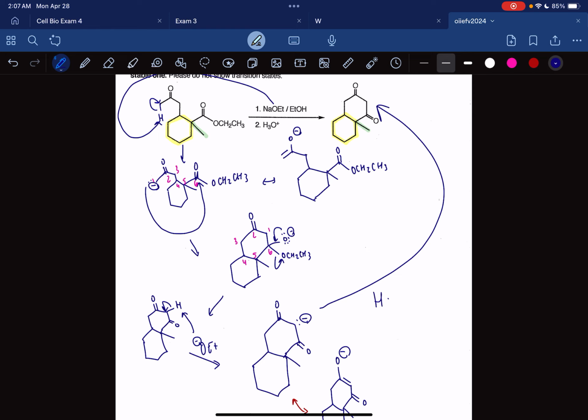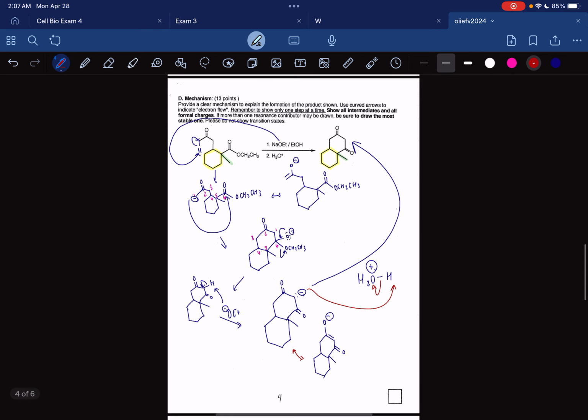Using this H3O plus, let's be very clear here. This is actually H2O with an extra H, and then this is positive on the O. The minus here will attack the hydrogen and make this like this.